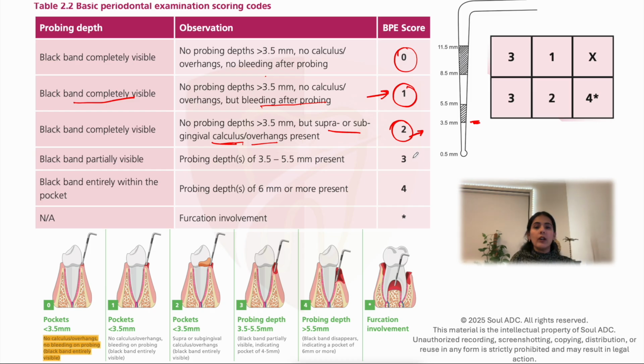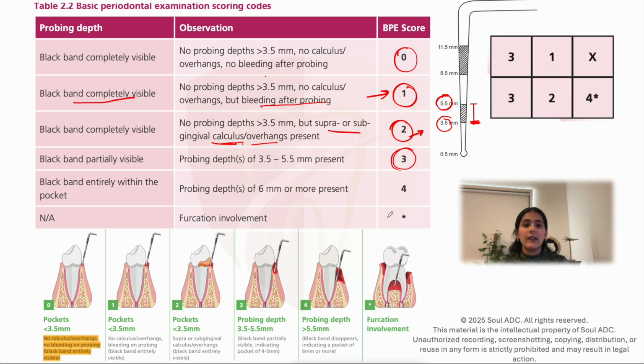Then comes your score 3. 3 means you are putting your probe inside the gums and it is going inside and it is lying somewhere here. So your probing depth is 3.5 to 5.5 millimeters. That means something serious has started to happen. And we need to cater to that.